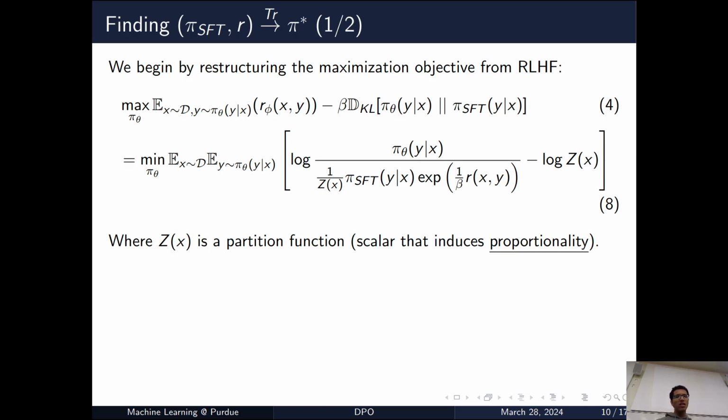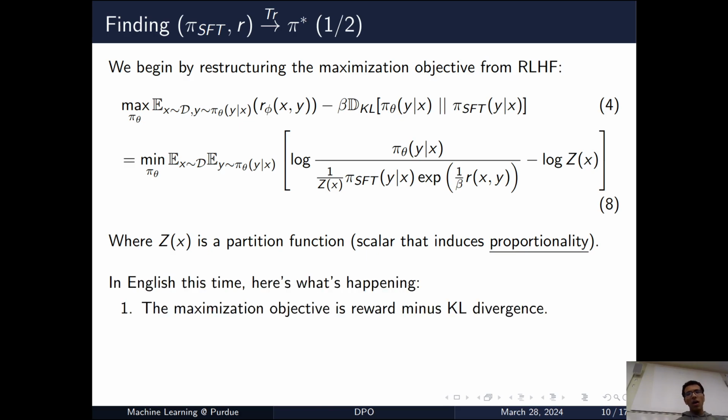And Z(x) is the partition function, so we will not worry about this because it will disappear during gradient optimization, because the derivative of a constant is 0, and Z(x) does not depend on y or the output of pi SFT. So when we compute the gradient against theta, it is 0 because it's not involved. So we don't have to worry about that. Okay, so keep that in mind.